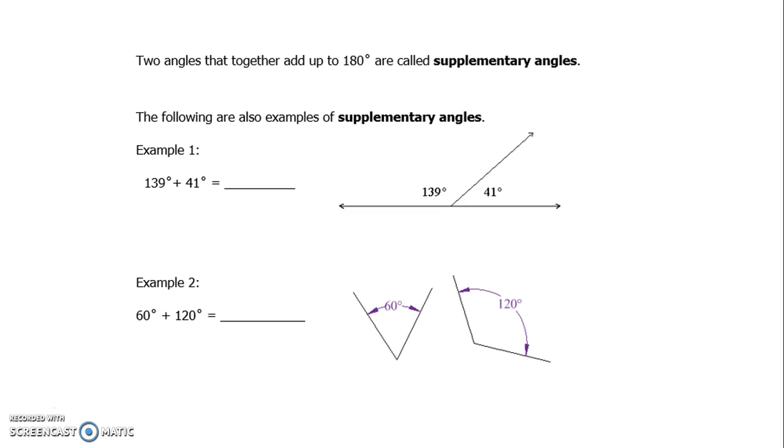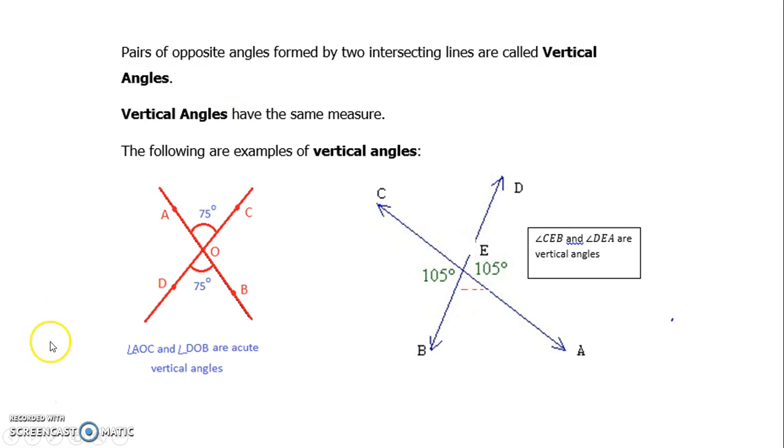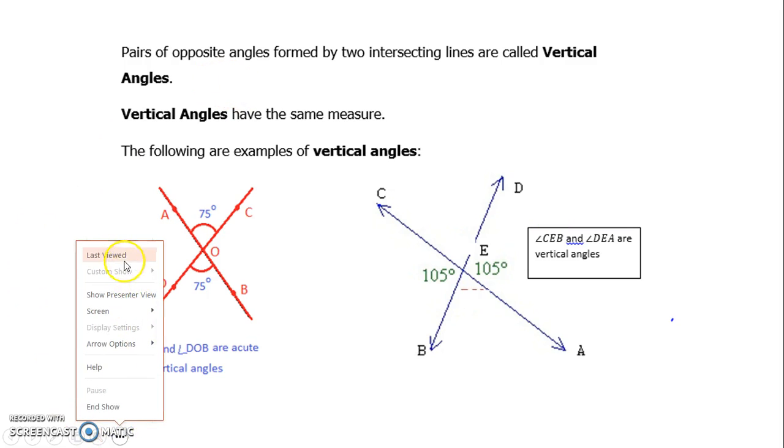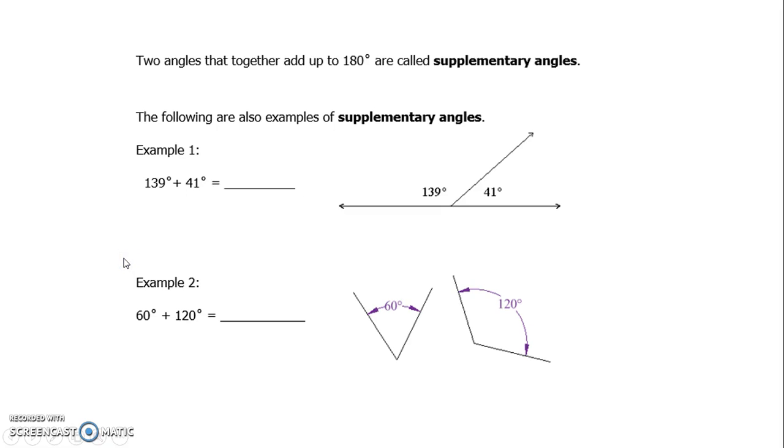You also have to know about supplementary angles in 7th grade. Two angles that add up to 180 are supplementary angles. They're an angle pair. You'll have two angles, and they have to add up to 180. The following are examples of supplementary angles.